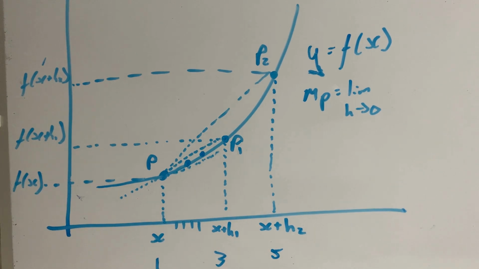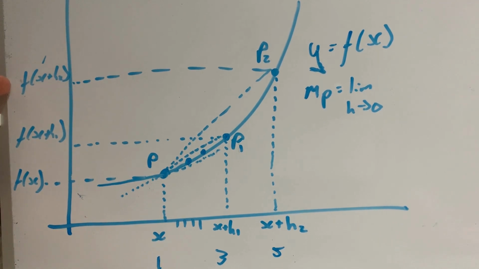And so to calculate the gradient, as you know, it is just the change in y over the change in x. If you remember what we just did, to calculate the change in y, we did f of x plus h2 or f of x plus h1, whatever one we were doing, minus f of x. That will tell us how far up we've gone.